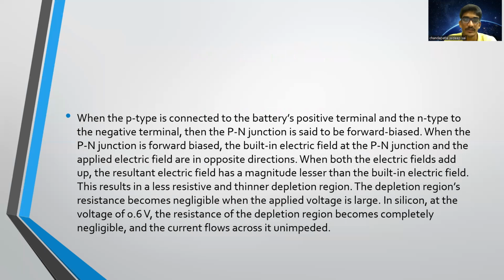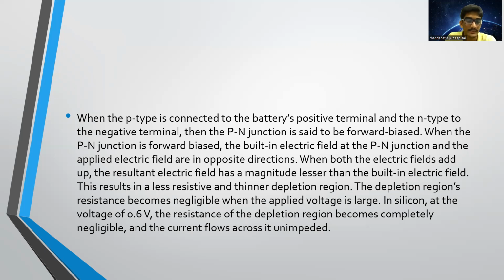When the PN junction is forward biased, the built-in electric field at the PN junction and the applied electric field are in opposite directions. When both the electric fields add up, the resultant electric field has a magnitude lesser than the built-in electric field. This results in a less resistive and thinner depletion region.